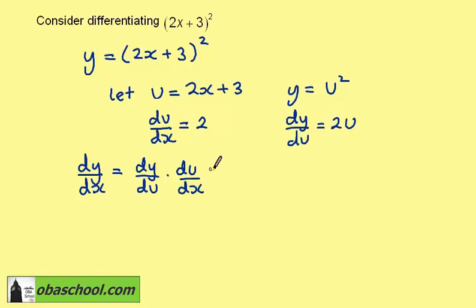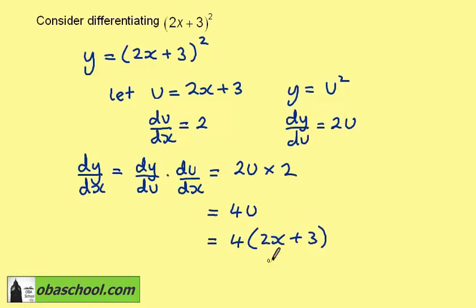Just check that if we treat these as fractions, we do cancel down to end up with dy/dx, and you can see that we do. dy/du is 2u, multiplied by the 2, so we have 4u, and of course u is 2x plus 3. If we expanded this, we get 8x plus 12, which was our answer in the first part of the example.